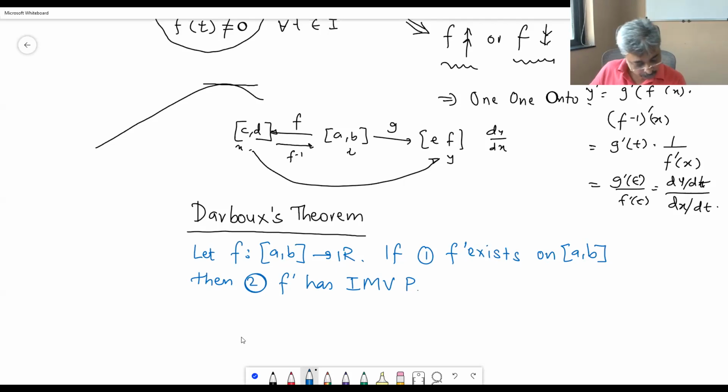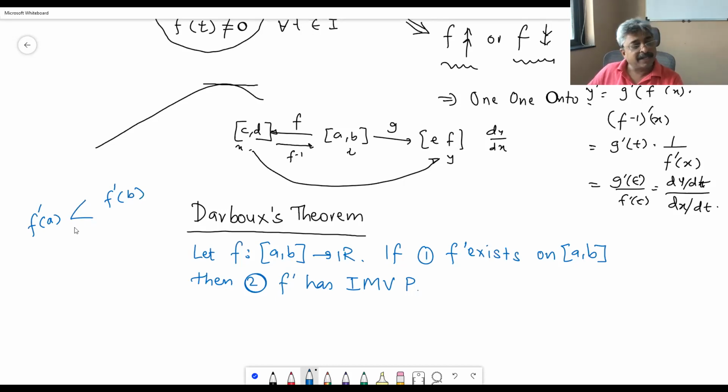Now, what does this mean? This means that f dash evaluated at a and f dash evaluated at b, suppose they are two different values. What is the meaning of this? Let me write down. f dash at a and f dash at b, suppose they are distinct values.